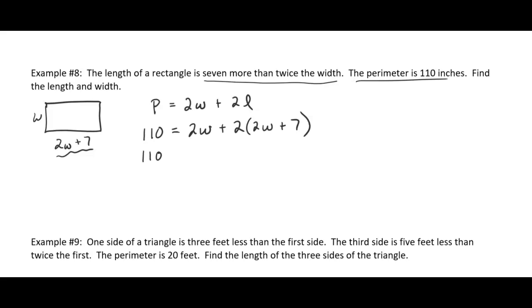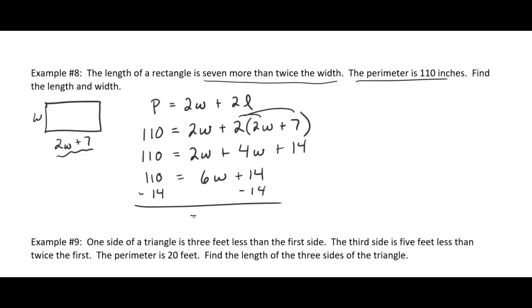So 110 equals 2W. I'll have to distribute here. 4W plus 14. And that's going to be 110. 6W. 2 plus 4 is 6, right? Okay, plus 14. And then subtract the 14 from both sides.